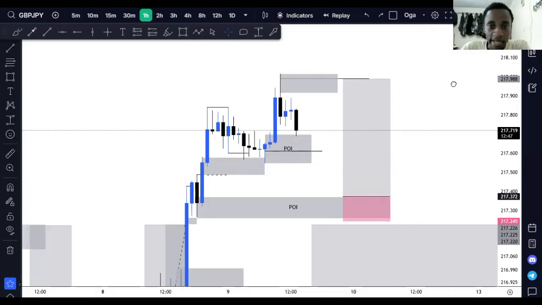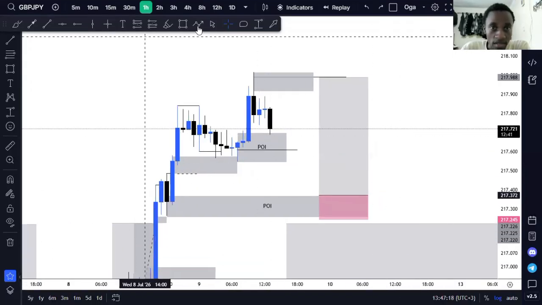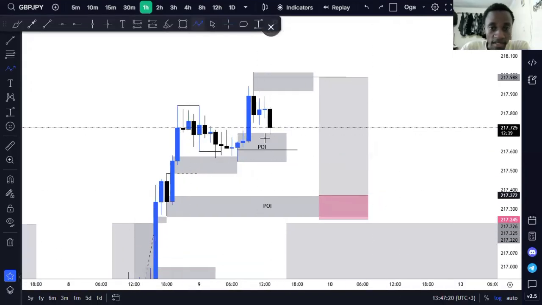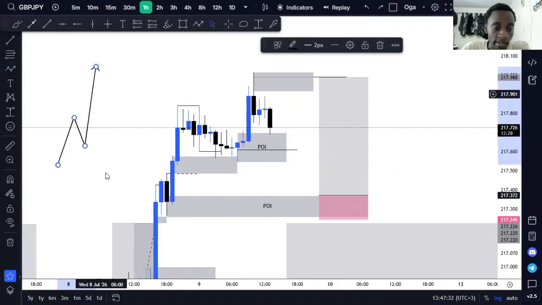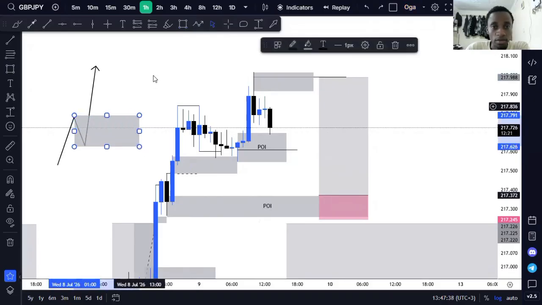Guys, remember I've said, if price is going to react to this first area before, see the area looks like this. Price has broken above here and created this area. So this was my first point of interest.